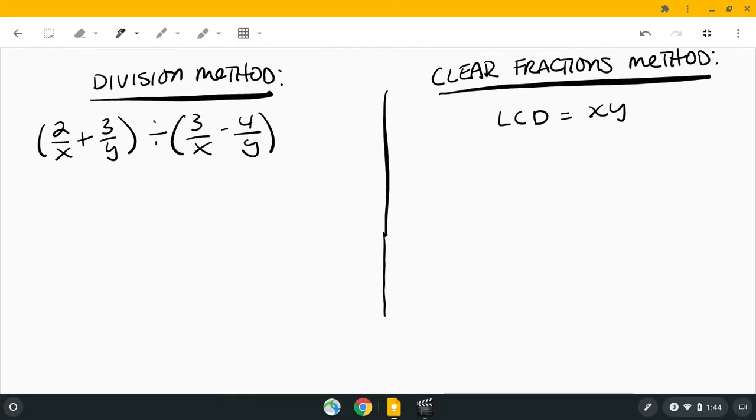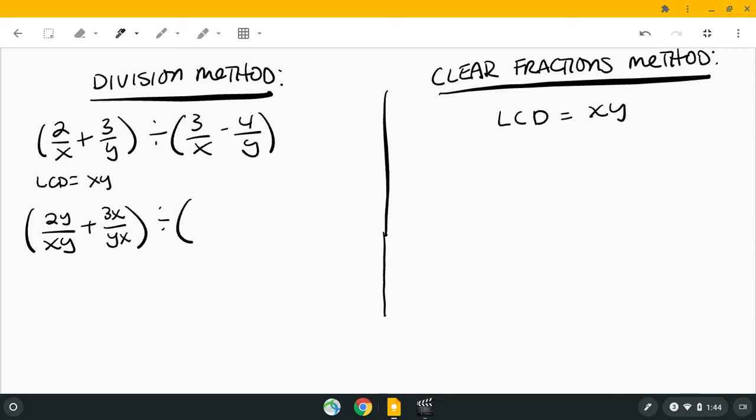All right, so if we do the division method here, my LCD is xy, so I need to multiply 2 over x with y over y. And I need to multiply 3 over y with x over x.